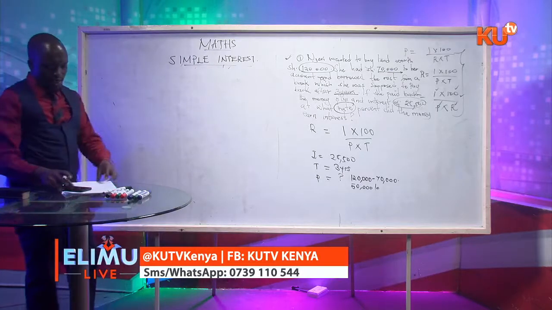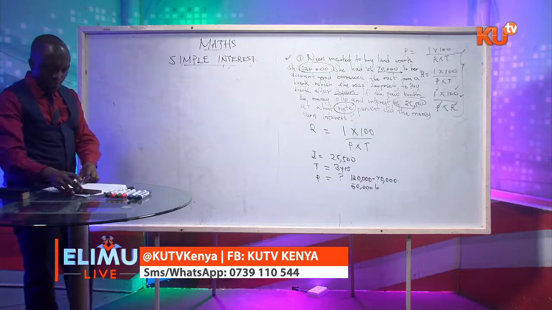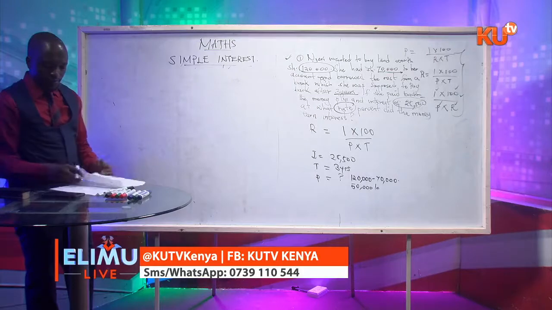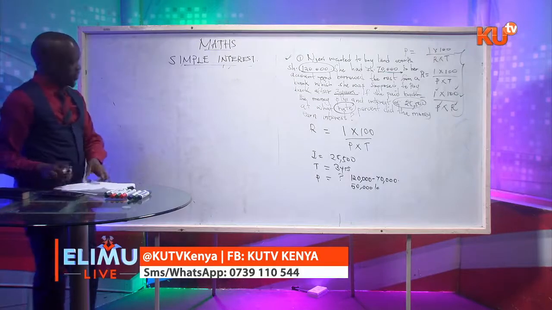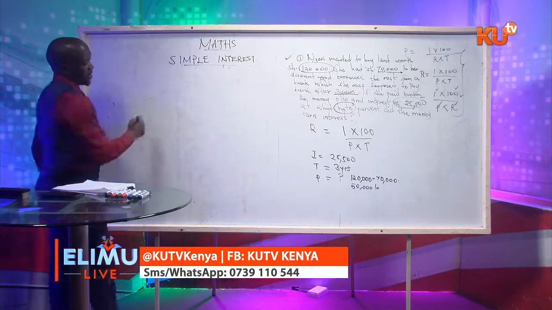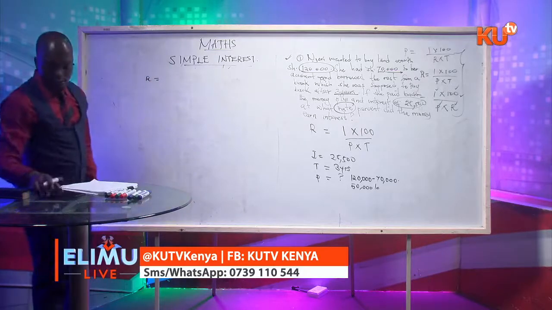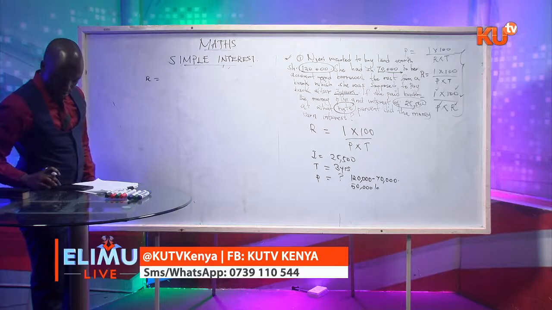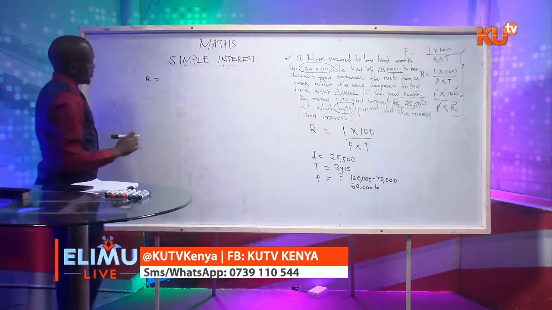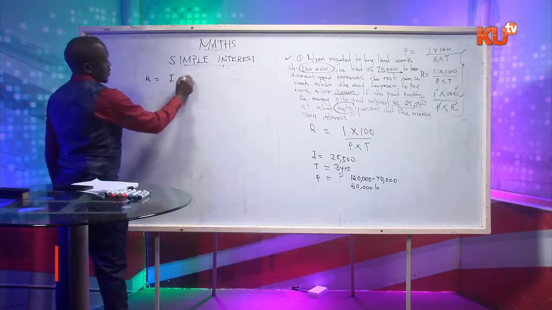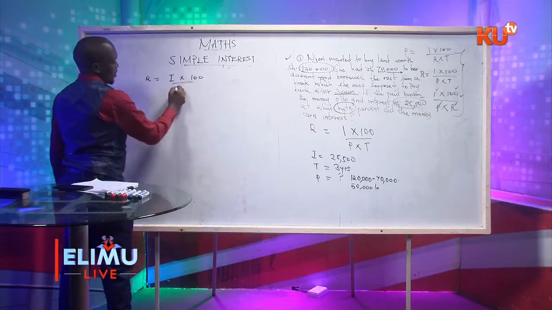So with that in mind, we are going to work out this question. We are now going to apply the formula. We are going to say that rate is equal to interest times 100 over principal times time.